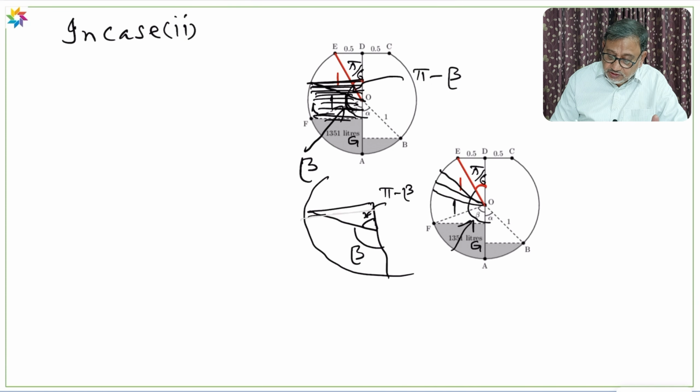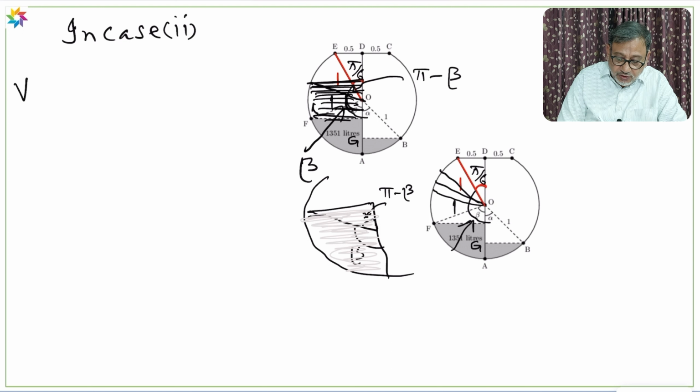Yeah, I will choose this. Suppose like this, if you fill it, in that case we will find area of sector plus area of triangle, because the triangle will be added into that.